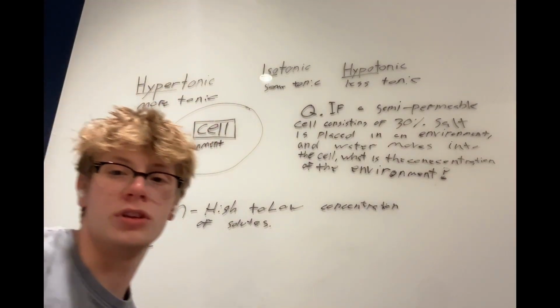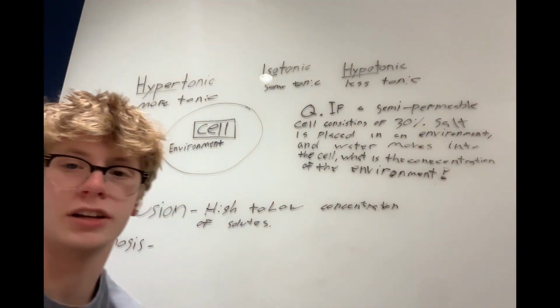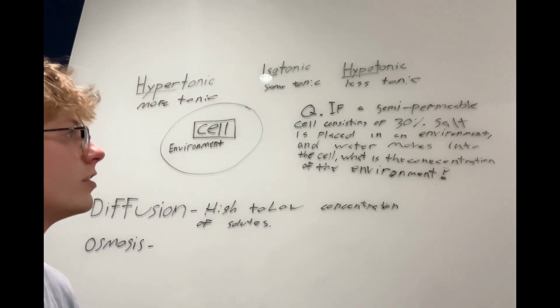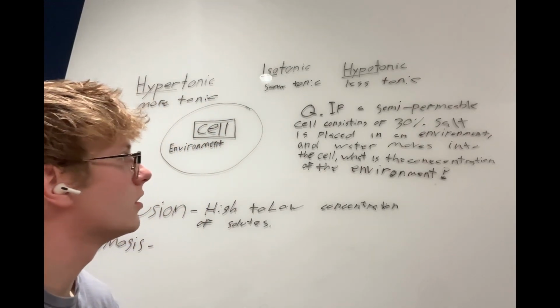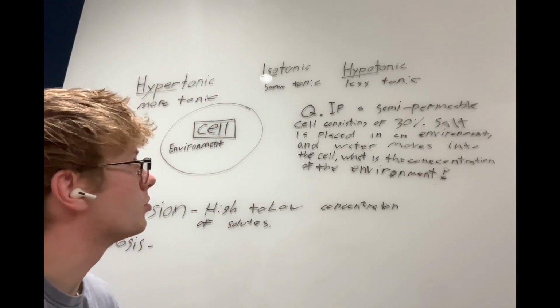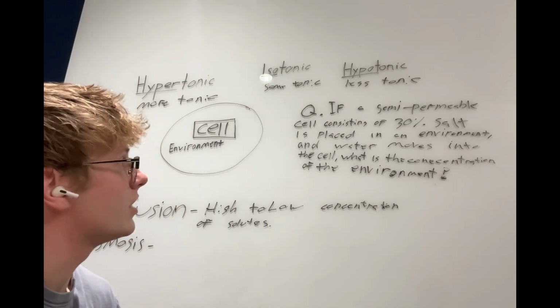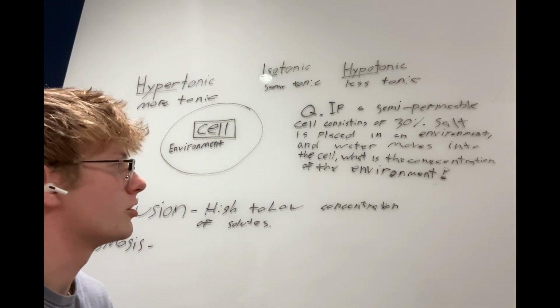Similar to the practice problem I just went over: if a semi-permeable cell consisting of 30% salt is placed in an environment and water moves into the cell, what is the concentration of the environment?